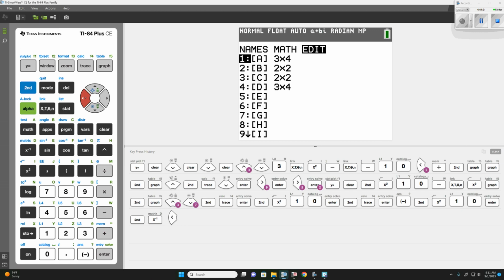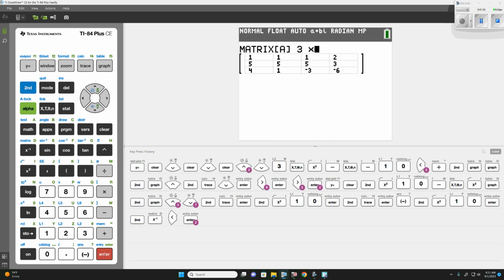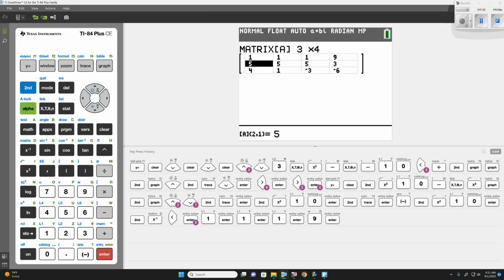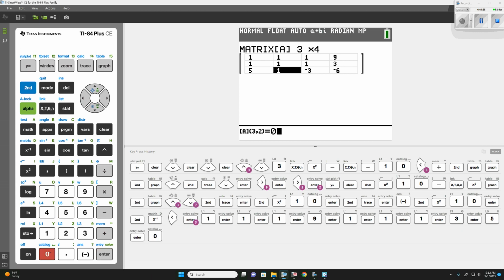Now we can go on and type it into the matrix. It is a 3 by 4. And 15 is 1, 1, 1, 9. And then we have 1, 1, 1, 3. And lastly, we have 5, 0, negative 2, negative 1. So we type it in.